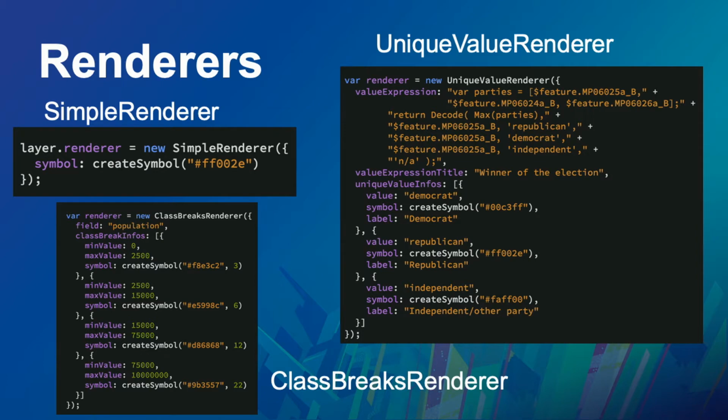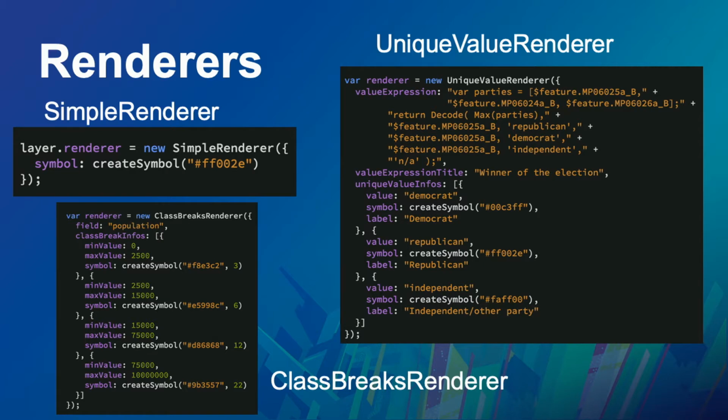Unique value renderer, this is sort of similar in concept. You're just setting a type and matching it to a symbol. So if I'm doing election data, right here I'm actually using an Arcade expression. I don't have a field that tells me who won the election in a county, but I do have the count of people who voted for a Republican, a count for who voted for Democrat, and an independent or maybe other party.